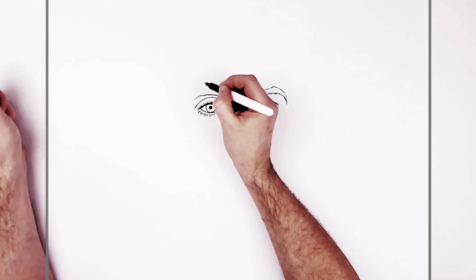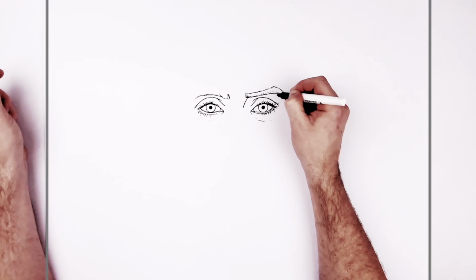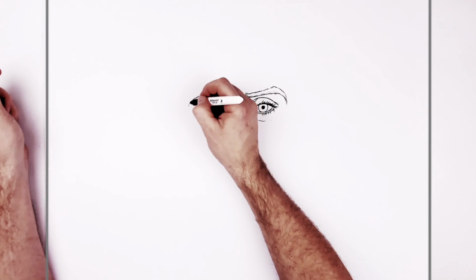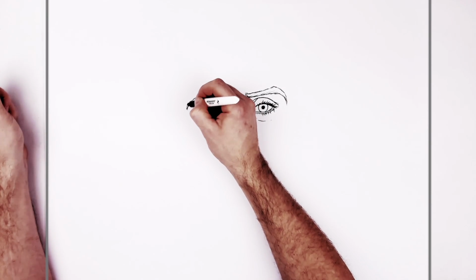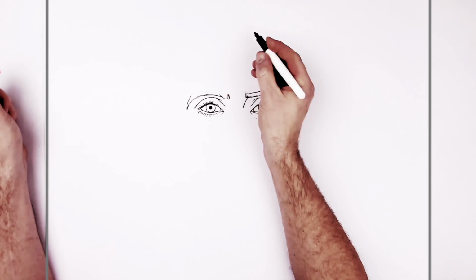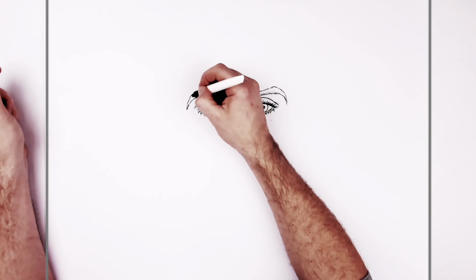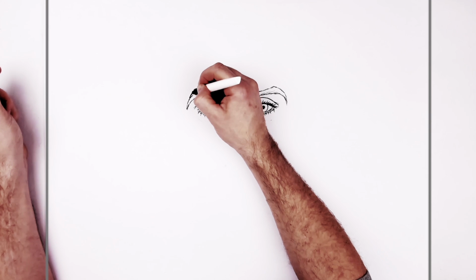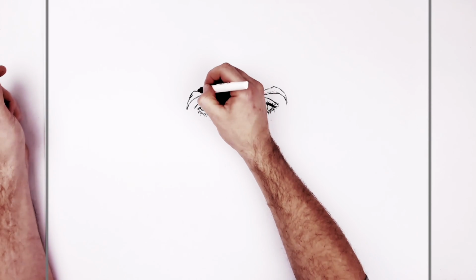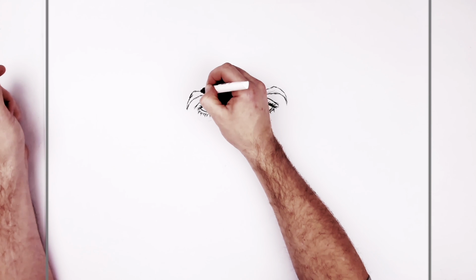And it kind of follows the shape of his brow. And then it starts to go back up the other side. And then we'll go down this way, back towards the front.